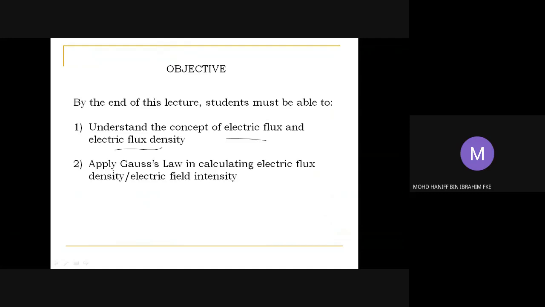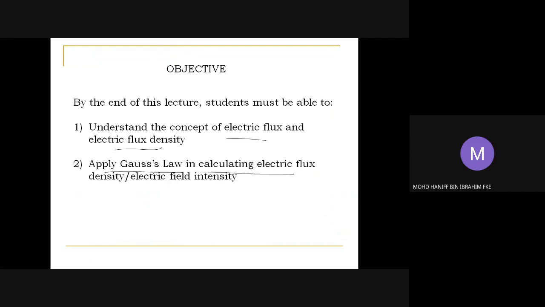And afterwards, from the first concept on the flux and flux density, we want to use it to formulate the Gauss law, on how the Gauss law is produced. And then we're going to use it in calculating the electric field intensity, from this Gauss law understanding.